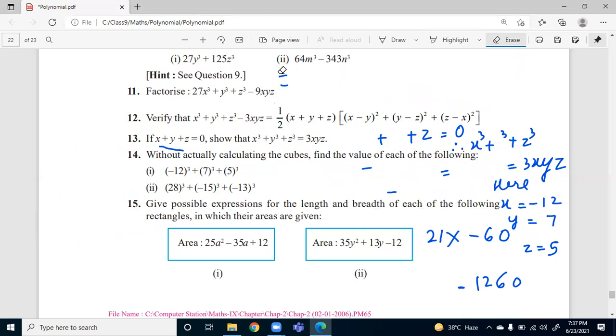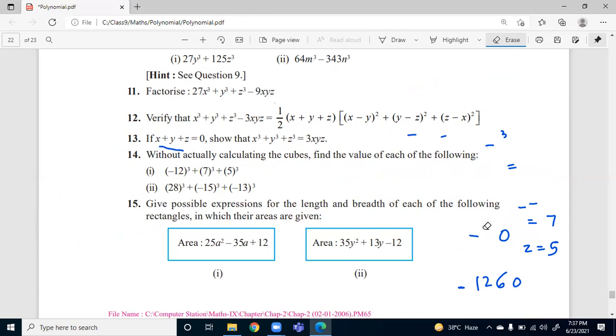Ma'am, I want to ask one more thing about middle term splitting, factorizing. I get problems when I do middle term splitting. So you need to practice it. Don't worry. We will be practicing it more once your test is over.